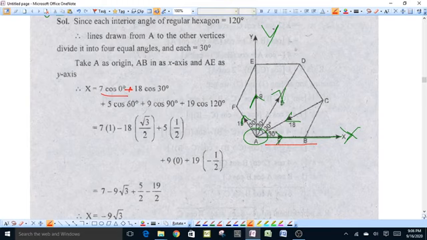Next, 18 kilogram weight whose direction is along CA makes an angle 210.